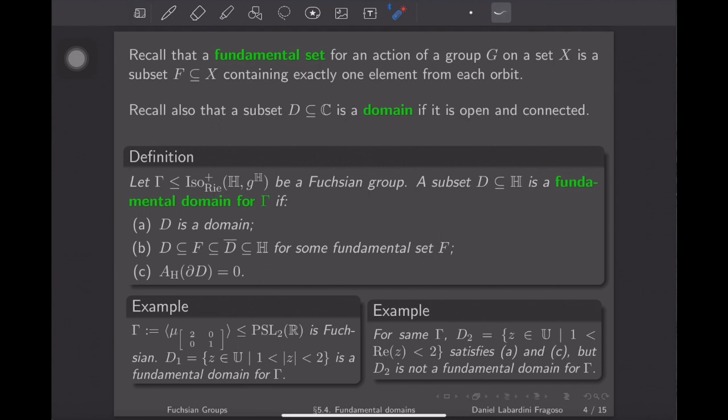Yeah. Okay. So a fundamental domain for gamma is a domain with the property that in between that domain and its closure, its topological closure in the hyperbolic plane, there is some fundamental set. And I require the hyperbolic area of its boundary to be 0.